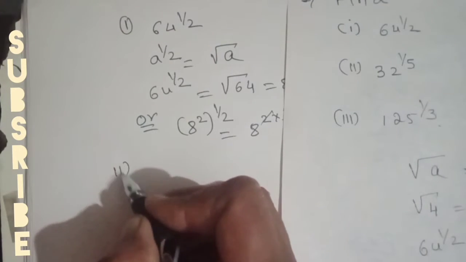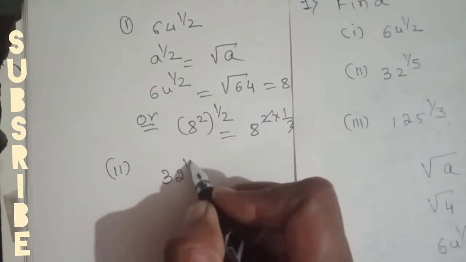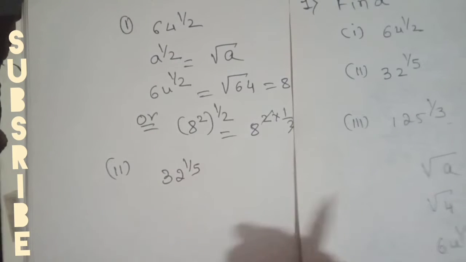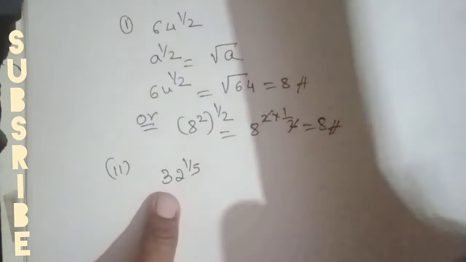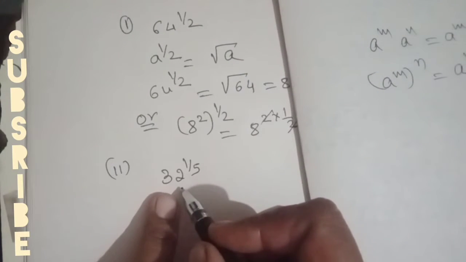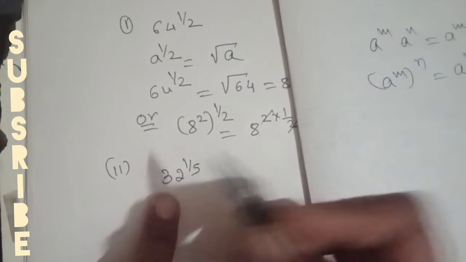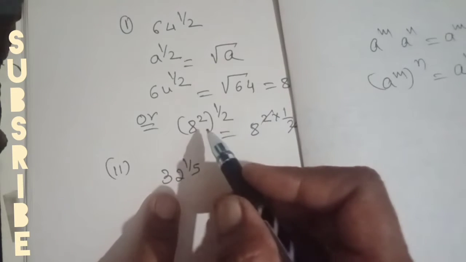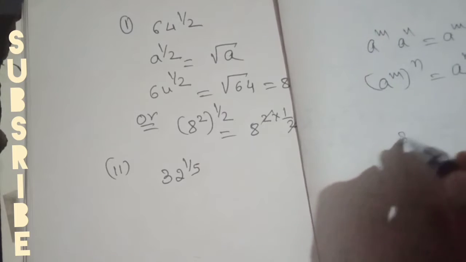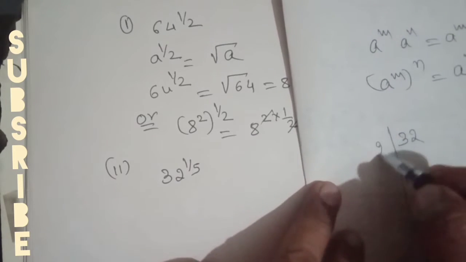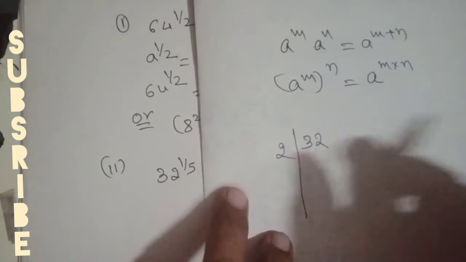The second one is 32 raised to 1 by 5. The fifth root of 32 is of no use, so we'll find the prime factors of 32, and write it in the form we wrote 8 squared.